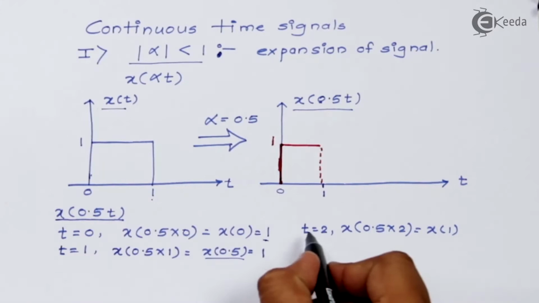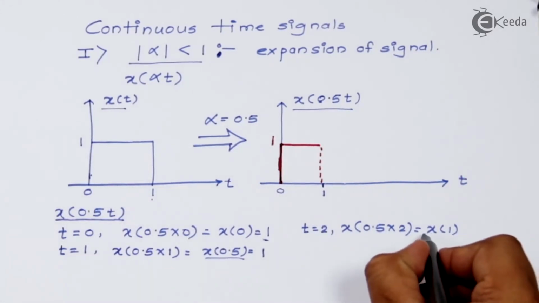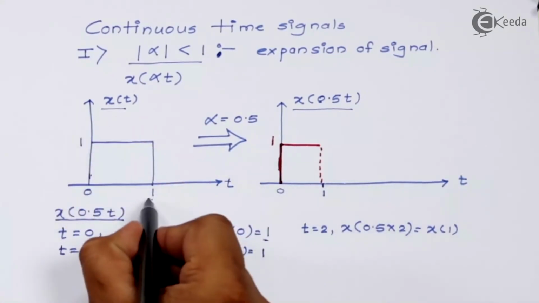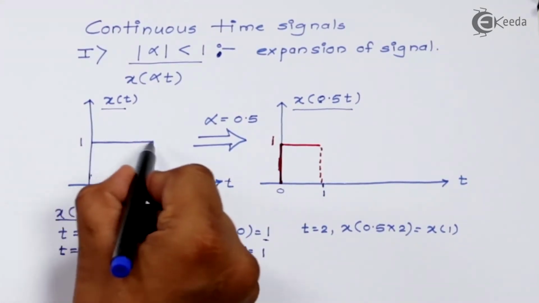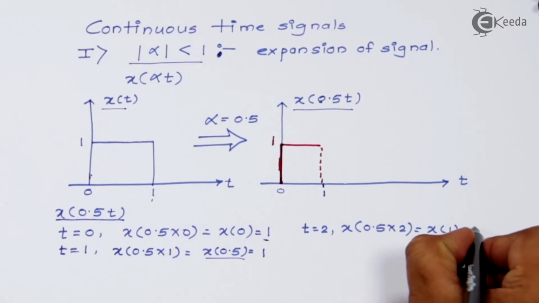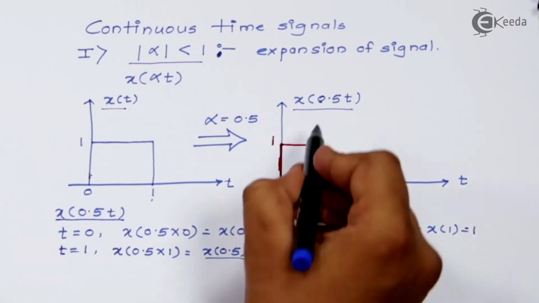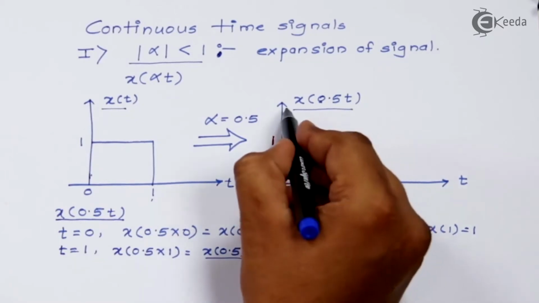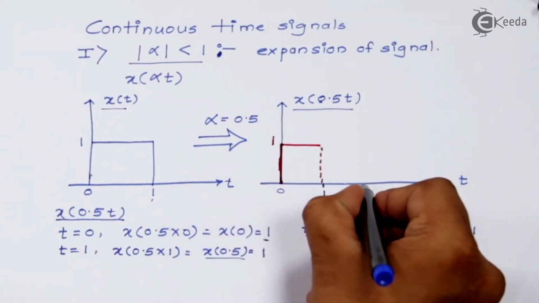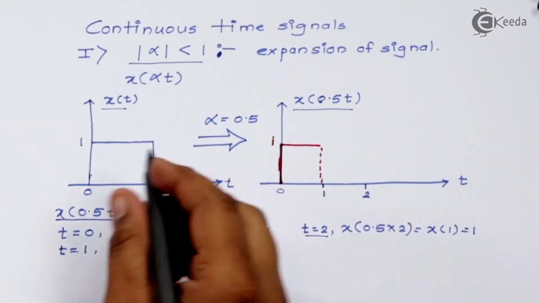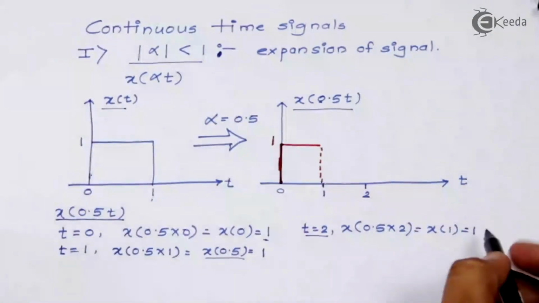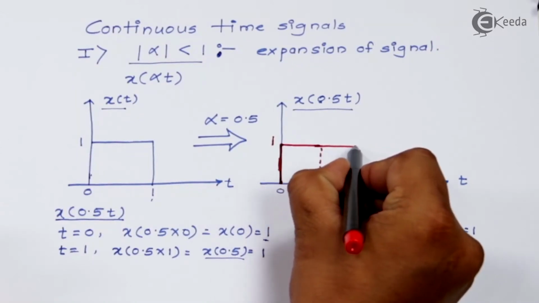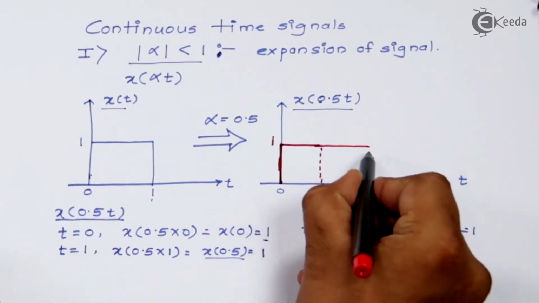Now compare this x of 1 value with this function: x of 1 has amplitude 1. So here I am going to write the value 1. So at t equals 2, what do you get? The amplitude is 1. So I will draw again a constant line till 2.